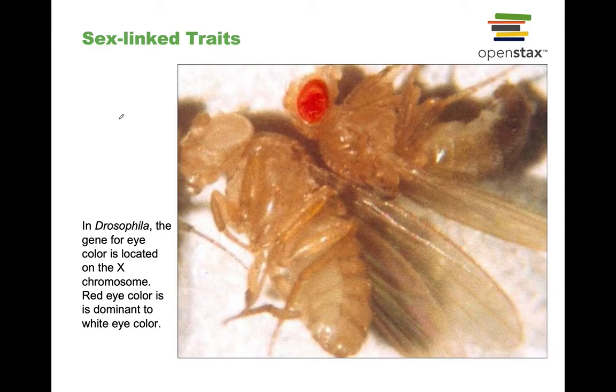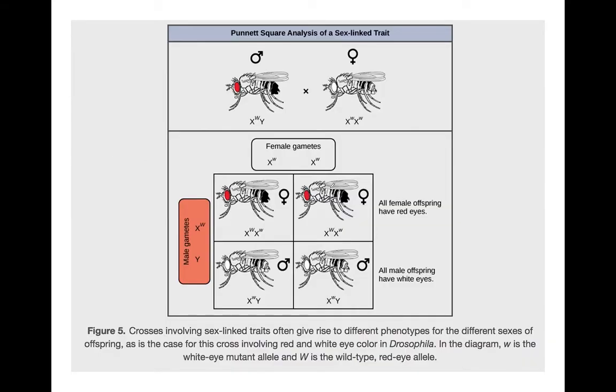So when Dr. Morgan's lab was studying the inheritance pattern of eye color, he noticed that there is sex dependency in terms of the ratios that he observed. It depends on which sex he was looking at. The cross that was made was a male fly with red eyes, so obviously the male has the dominant allele, and the female was homozygous recessive.